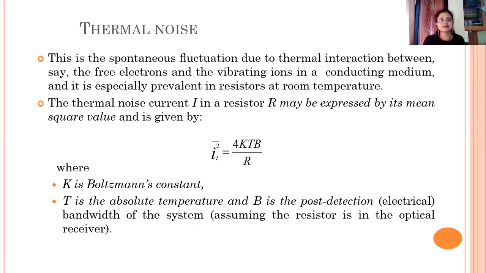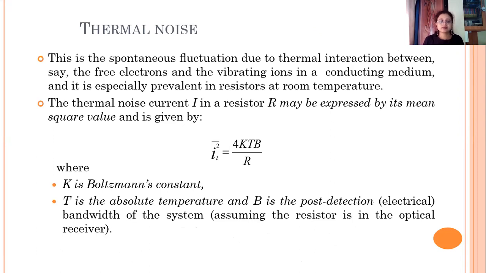So let's see the definitions of these noises which are most significant as far as the optical receiver is concerned. Thermal noise, you might be knowing, is a spontaneous fluctuation due to the thermal interaction between the electrons and the ions in a conducting medium. This is prevalent in any resistor at room temperature.